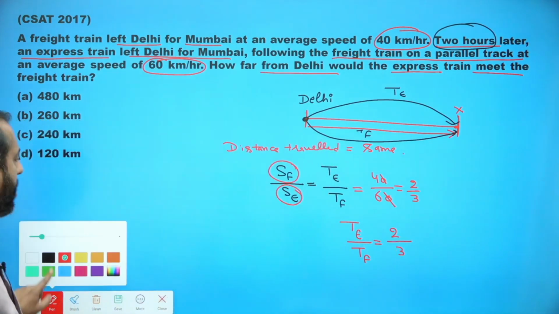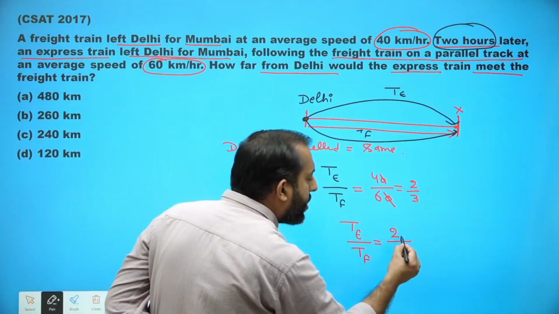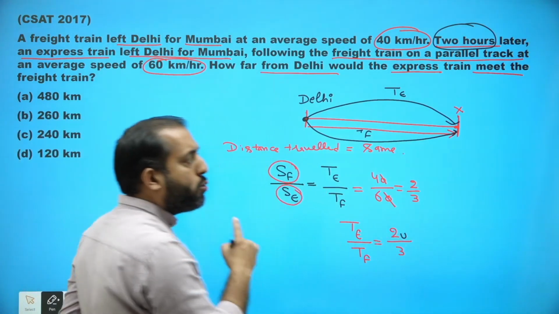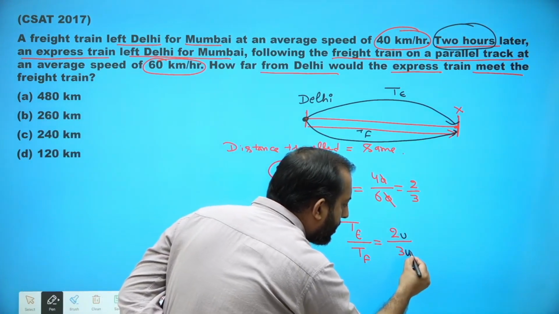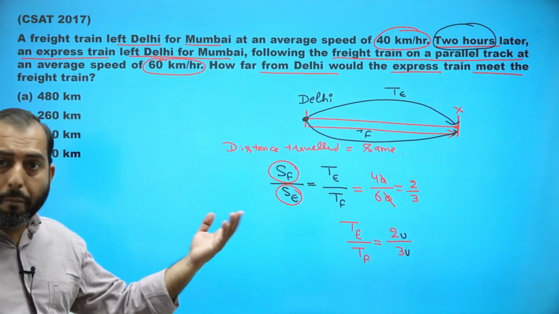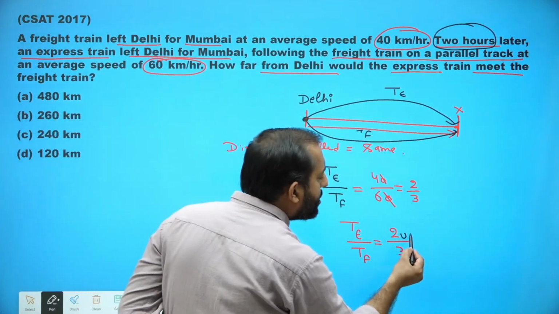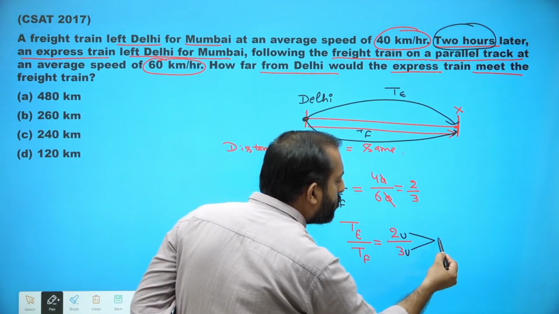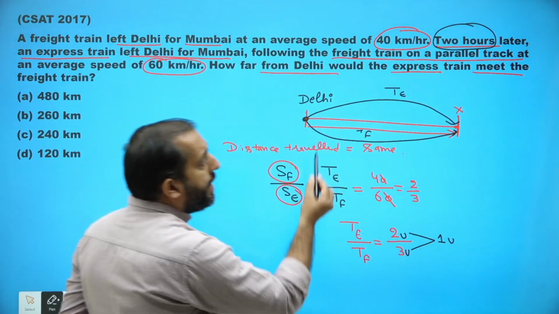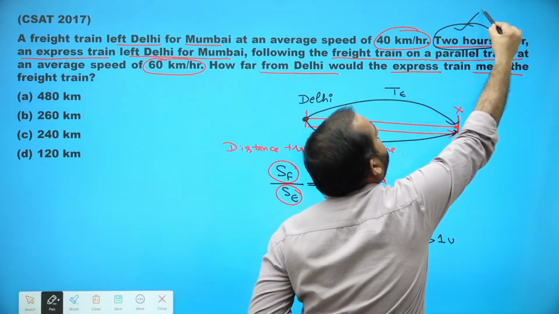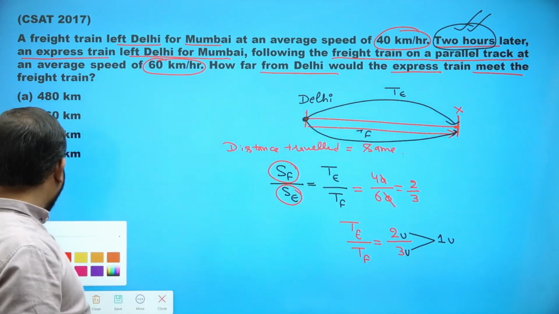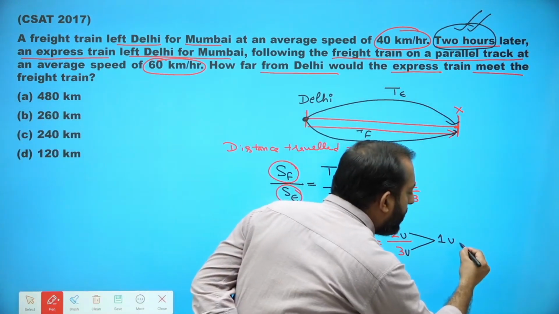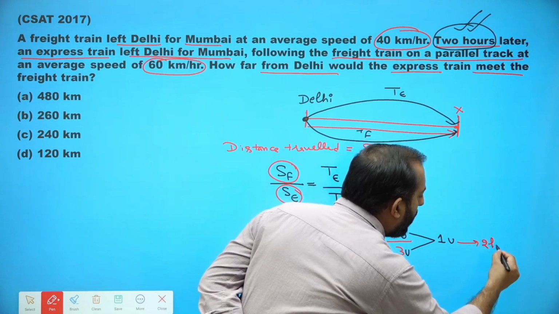Now, if you assume that the express train is taking 2 units to reach the place of meeting and the freight train is taking 3 units to reach that place of meeting, then the difference between their times is 1 unit. And as per the question, the difference between their times should be what? 2 hours. So 1 unit should be equal to 2 hours.